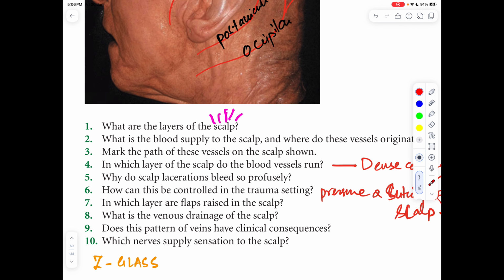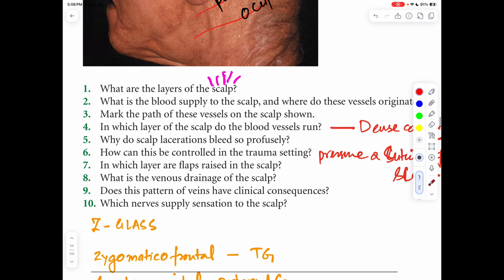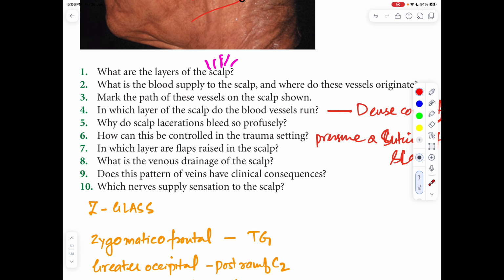What is the venous drainage? The venous drainage of the scalp follows the arteries of the same name. Does the pattern of veins have clinical significance? Yes, the pattern of venous drainage has the potential to spread infection from the scalp through diploic veins below the periosteum, causing osteomyelitis.